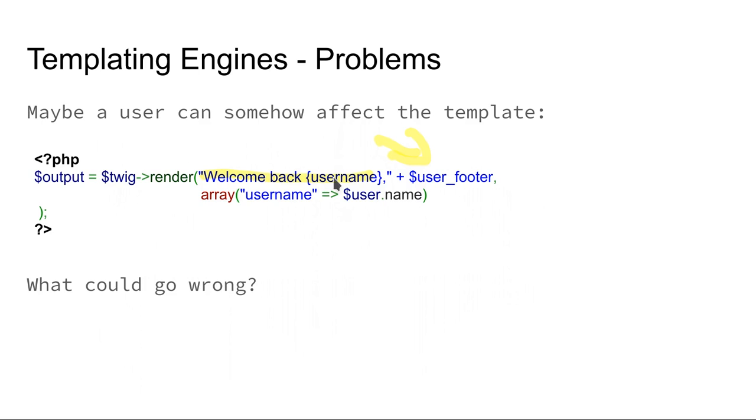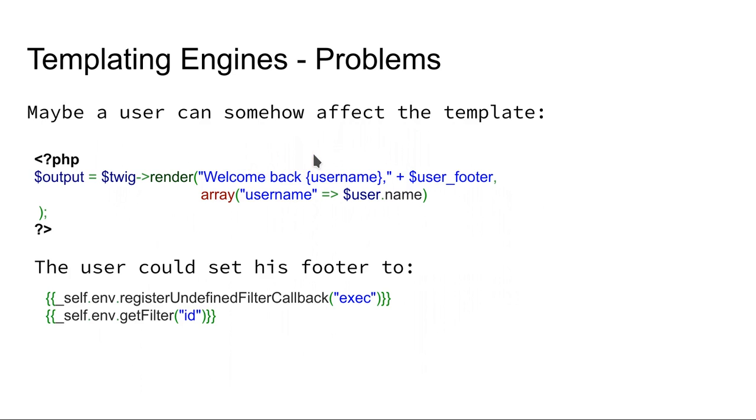Well, as you can see, these placeholders are written in curly braces. So what the user could do with his user-controlled footer is open these curly braces for a placeholder, and as it turns out, Twig has a reference to itself, and the self object has a reference to the Twig environment.